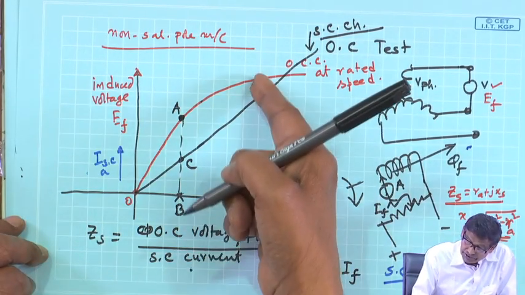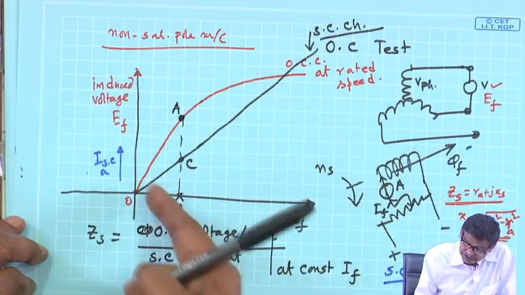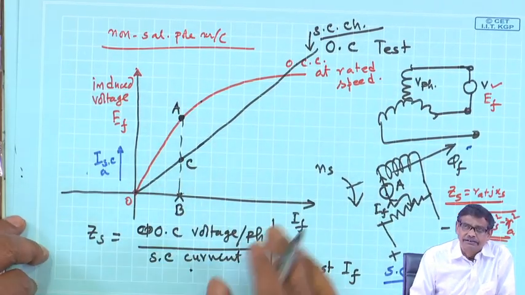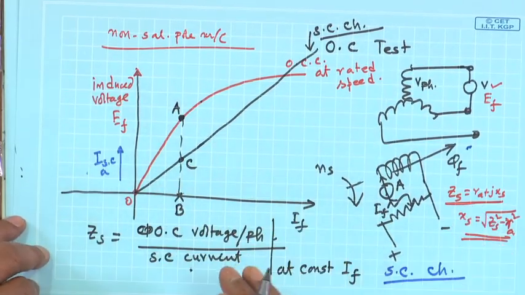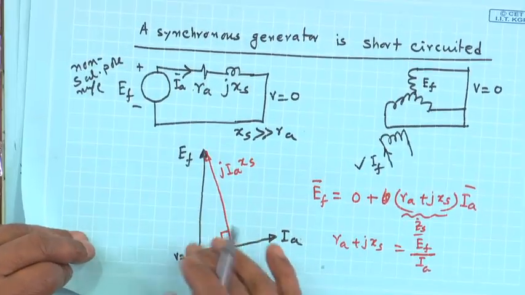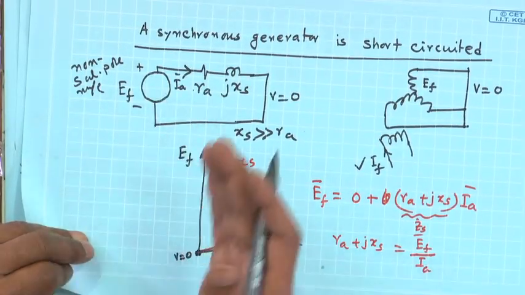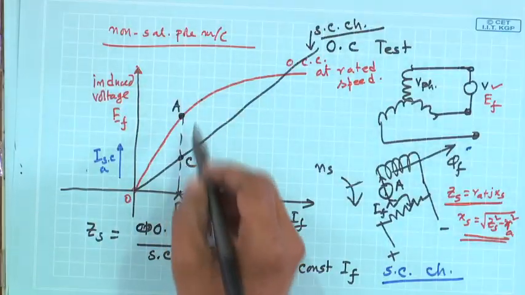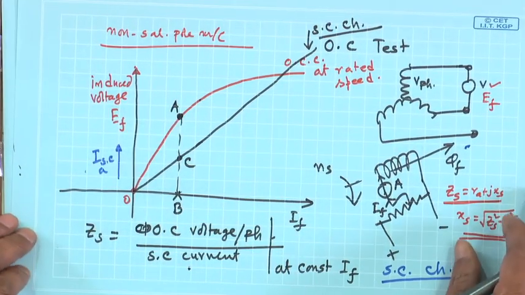That is, you should not divide this voltage by this current, for an obvious reason, because only at the same field current is this phasor diagram correct. So, open circuit voltage, short circuit current.